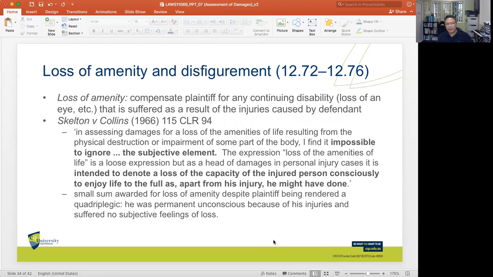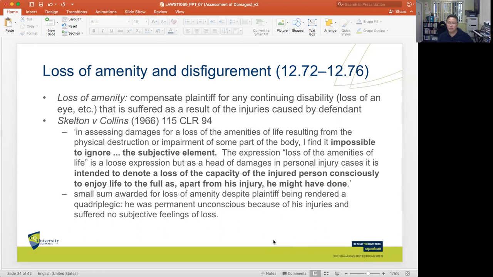So again, the loss of amenity is, as I mentioned, to compensate the plaintiff for any continuing disability that he suffered as a result of the injuries caused by a defendant. So in Skelton versus Collins, for example, the plaintiff was permanently unconscious or comatose.